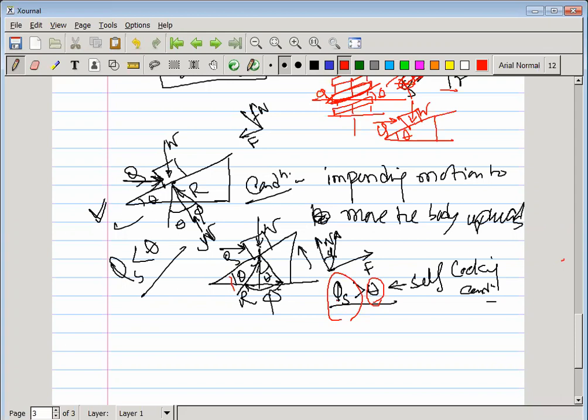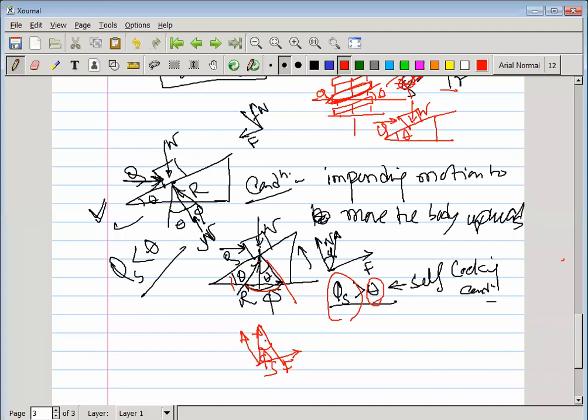For self-locking, the angle required is the one the resultant makes with the normal. This is the normal direction, this is the frictional force direction, so the resultant is in this one, and as the normal direction is this, that is your phi s.